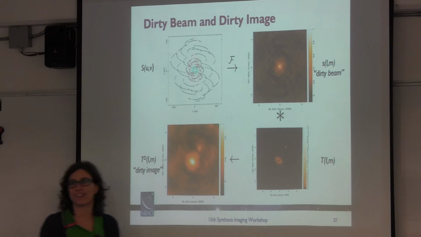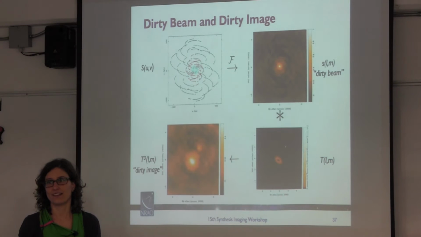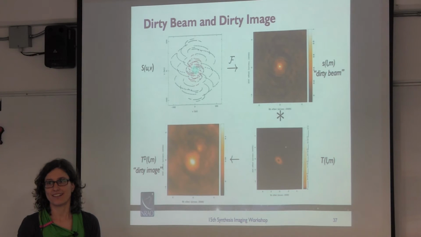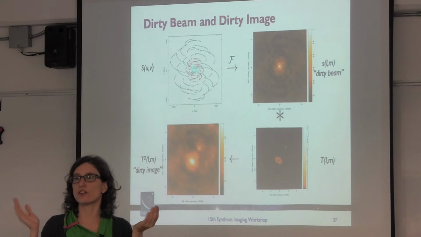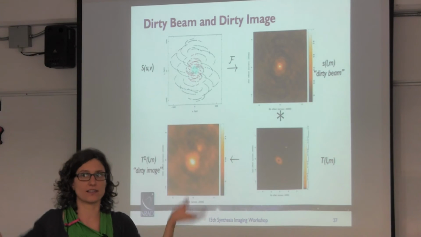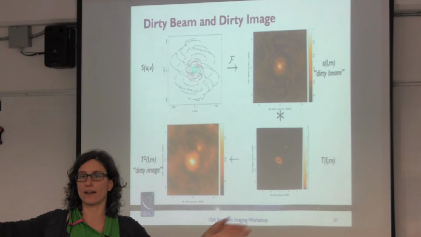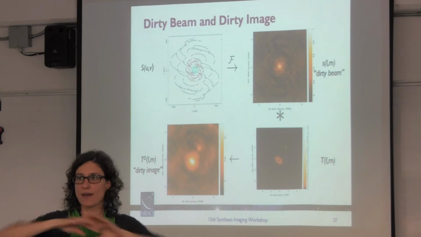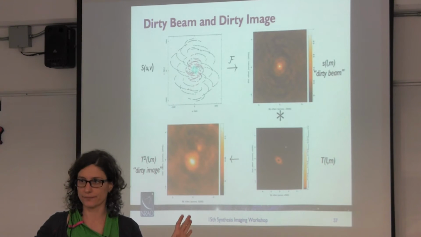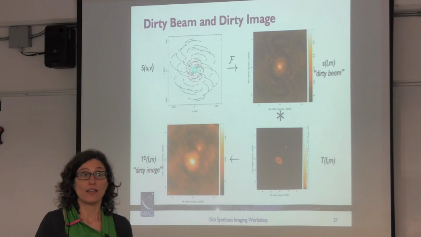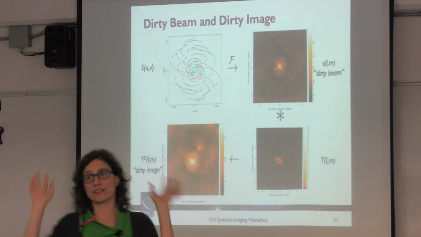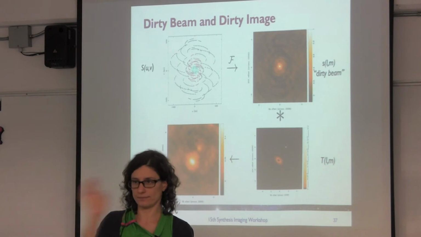So how do we get the dirty image if we don't have that? You have a source in the sky that has a certain shape, certain brightness and certain distribution, short scales, large scales, all the information. You have your array pointing at the sky, measuring voltages all the time.